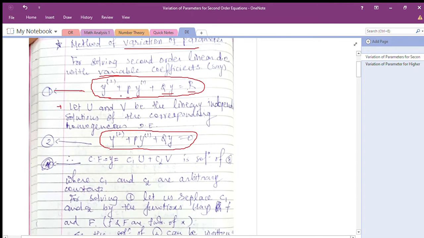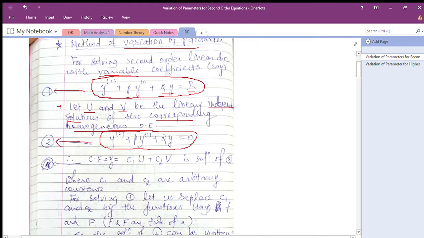Also, let u and v be the linearly independent solutions of the corresponding homogeneous differential equation. That means u and v are solutions of equation number 2.